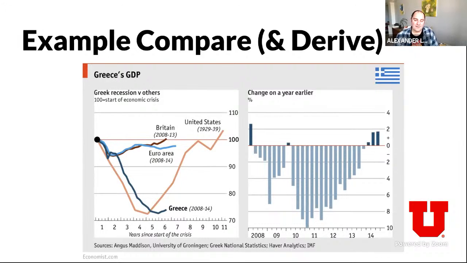And so this is a graph of how the GDP of various states developed during economic crises. And so we want to compare these different economic crises across different countries.